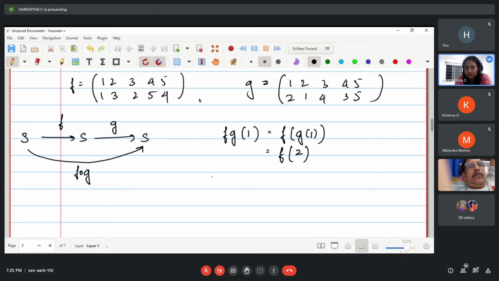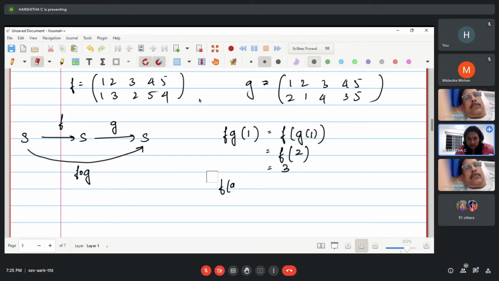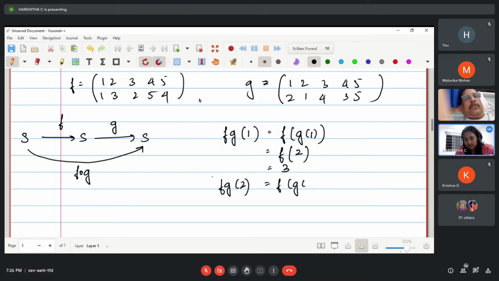Now what is f of 2? It is 3. We'll do the computation for all the other elements also. So FG at 2 is f of g of 2. g of 2 is 1 and f of 1 is 1. So this is 1.